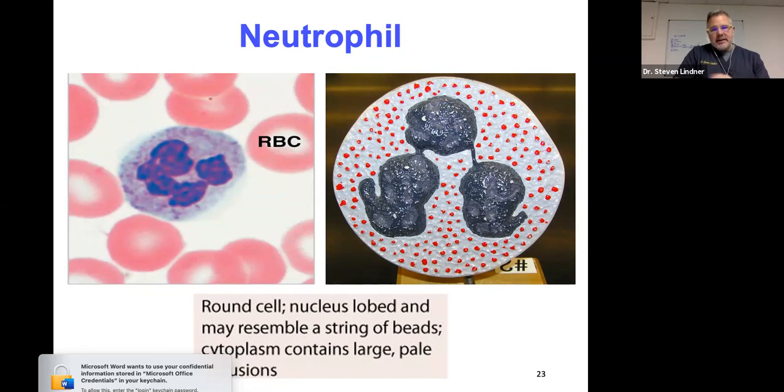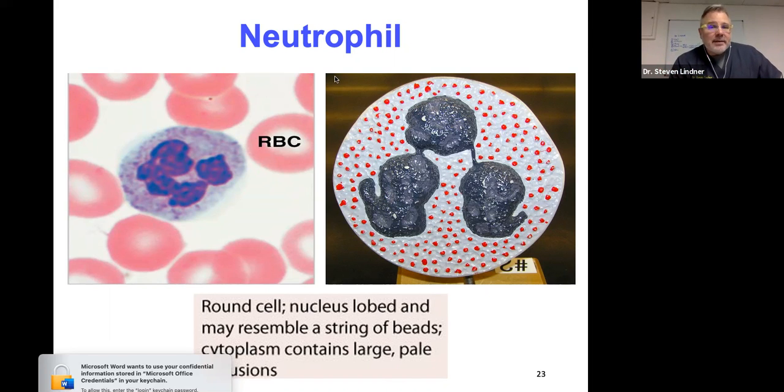And white blood cells can be categorized as granular or agranular. When you look at this to the right in the cytoplasm, this is granulations. This is like grains of sand in the cytoplasm. When we talk about agranular, these cells have no granules.